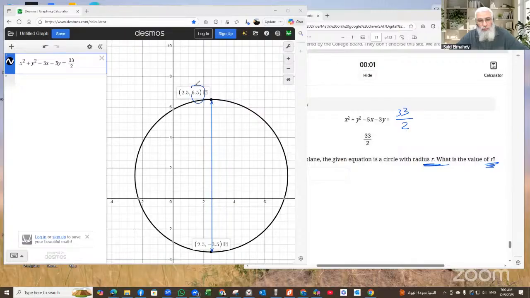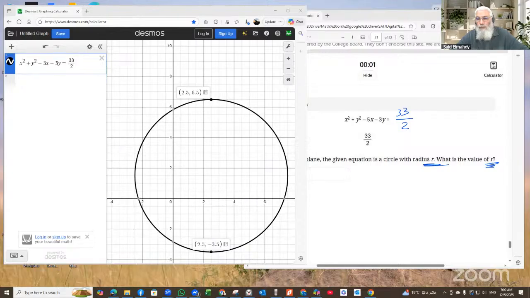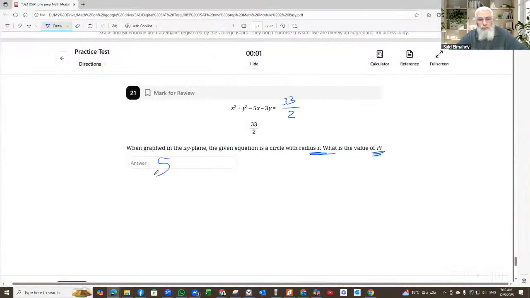So the difference between y equals 6.5 and y equals negative 3.5: we subtract 6.5 minus negative 3.5, which is 6.5 plus 3.5. This is 10, the diameter. So the radius is half the diameter, which is 10 divided by 2. The radius is equal to 5. So the answer here is 5.